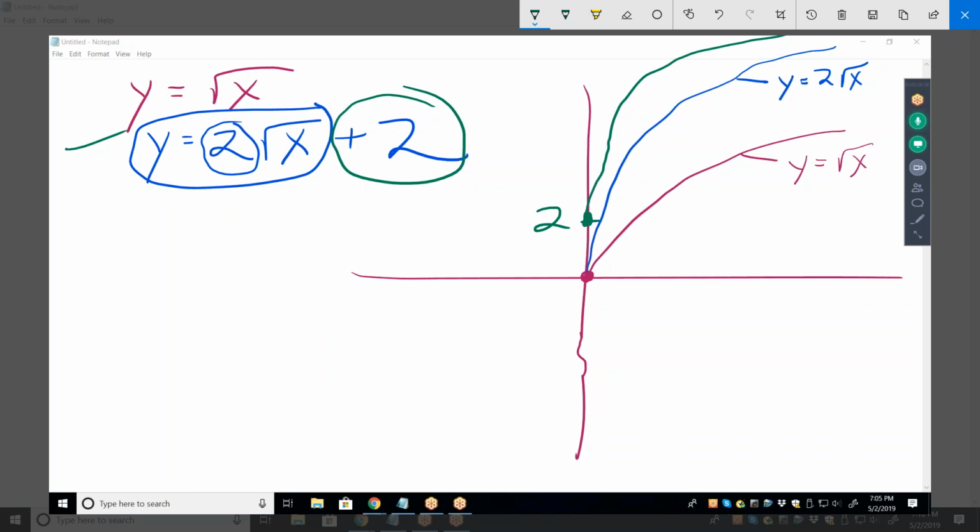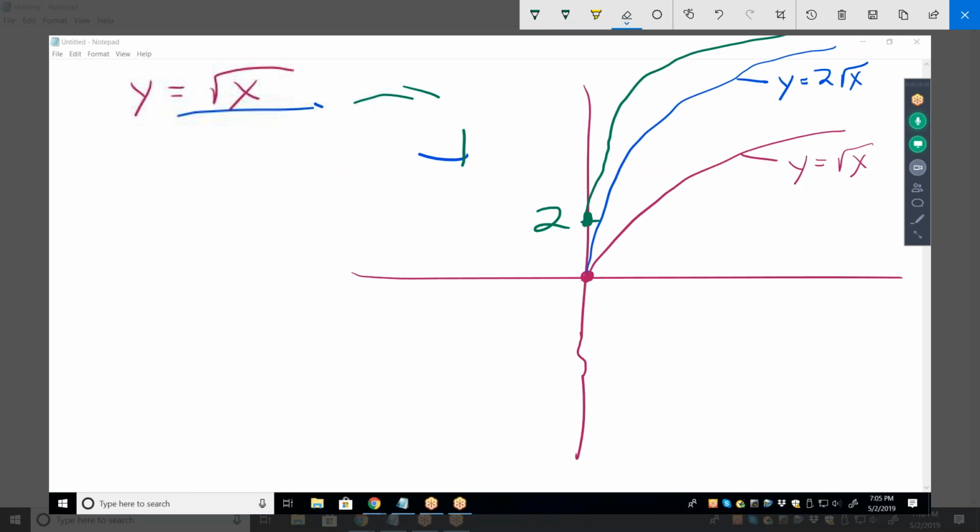Okay. Now, since you don't remember transformations, let's talk about transformations. Because you're not going to really be able to do any of these problems without talking about transformations.